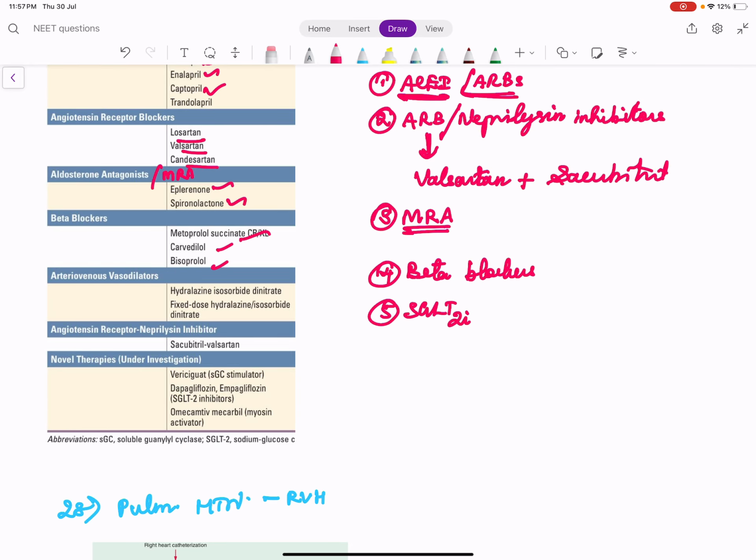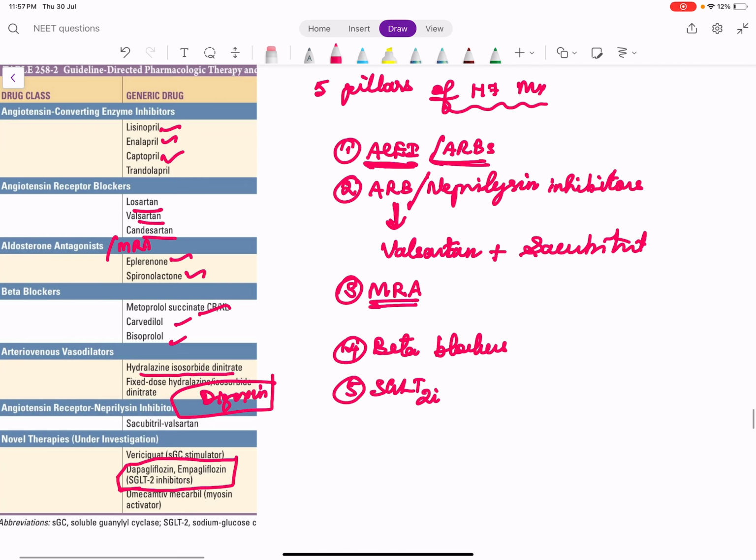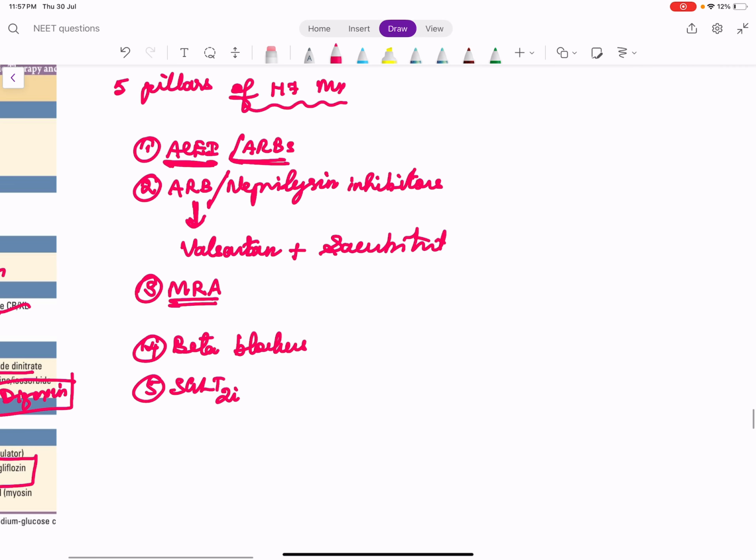So this is the fifth pillar: dapagliflozin, empagliflozin. We have other drugs also, hydralazine, isosorbide dinitrate, digoxin. These are not pillars, they only reduce the symptoms. Okay. So at least know the 5 pillars of heart failure management. This is for heart failure with reduced ejection fraction.